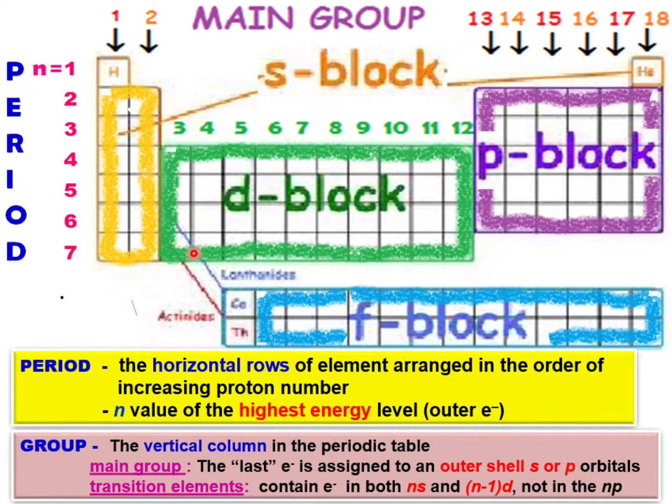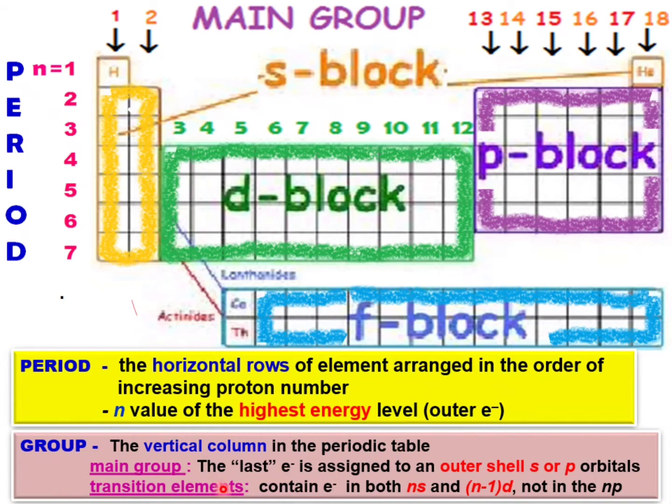Like this class, if you write the electronic configuration for the element, jika configuration elektron awak berakhir dengan s atau berakhir dengan p, itu adalah main group element. Dan main group element adalah group 1, group 2, and then dia terus skip pergi kepada group 13, 14, 15, 16, 17 and 18. So this is we call as main group element.